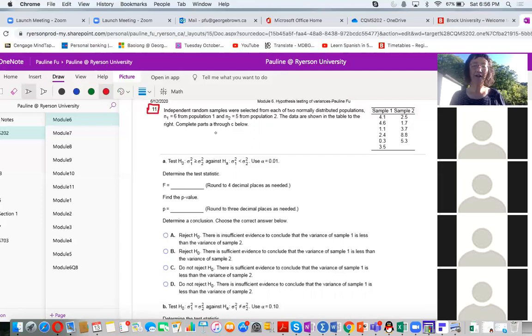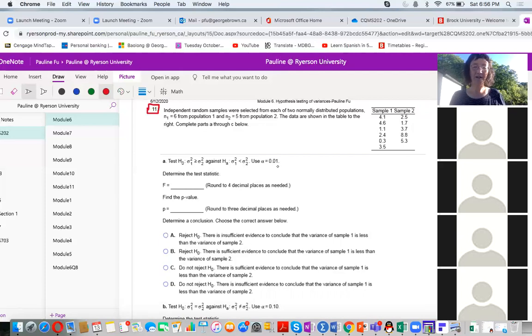Complete parts A to C. So test H0, population 1 variance greater or equal to population 2 variance, against HA. HA is the same as H1, okay? A stands for alternative. So H1 or HA, sample 1 variance smaller than sample 2 variance, use alpha 0.01.